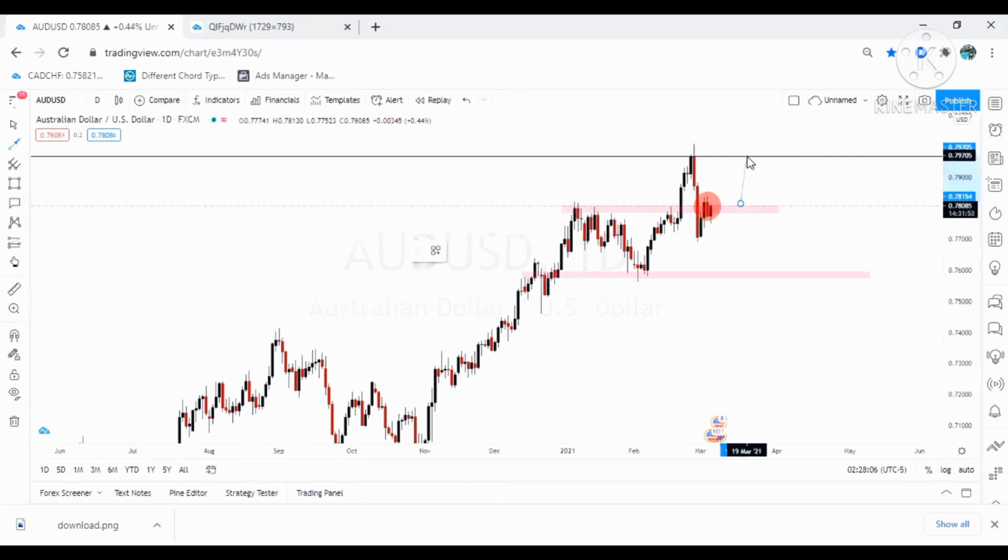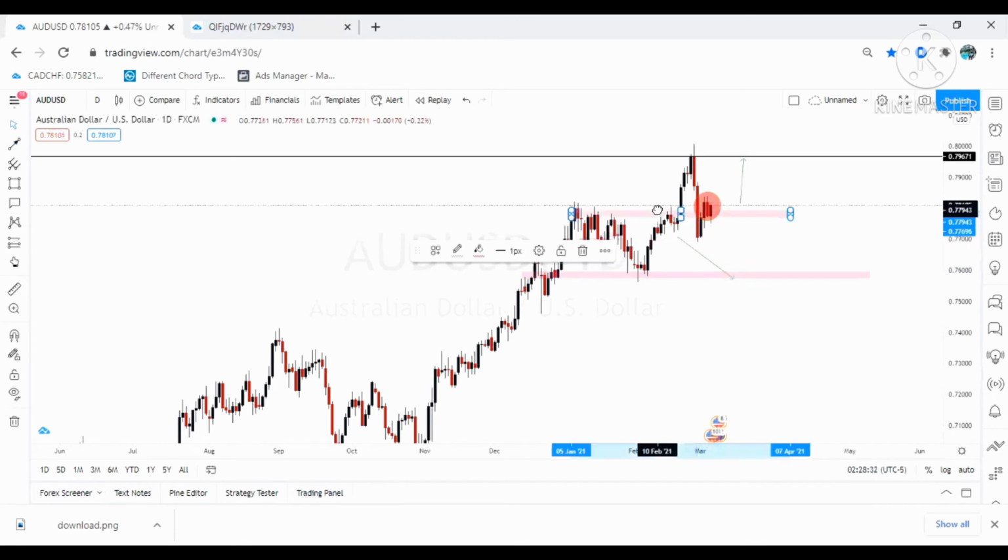Obviously either the market will go here because it's respecting the support, or we see a movement to the downside.